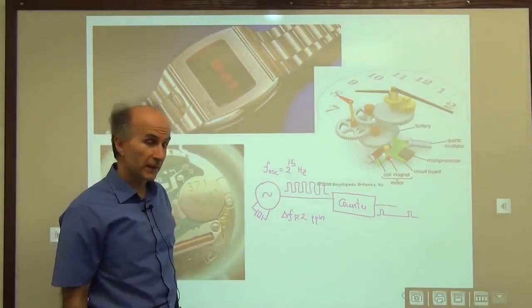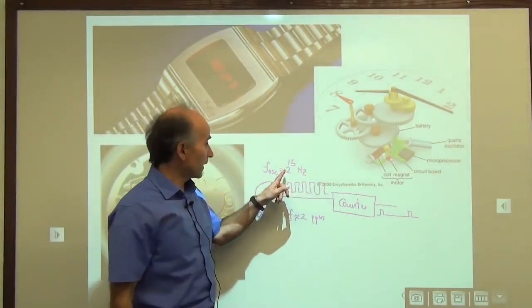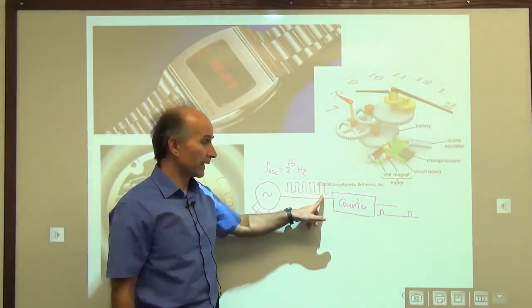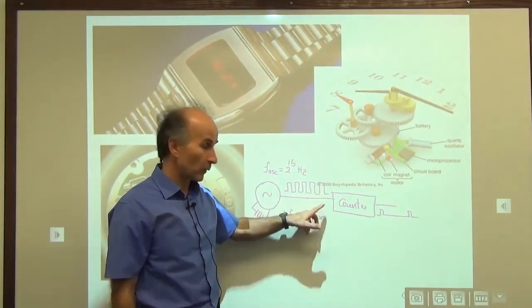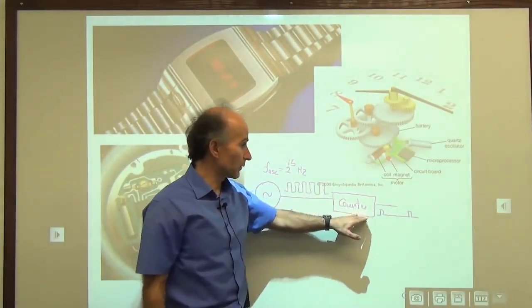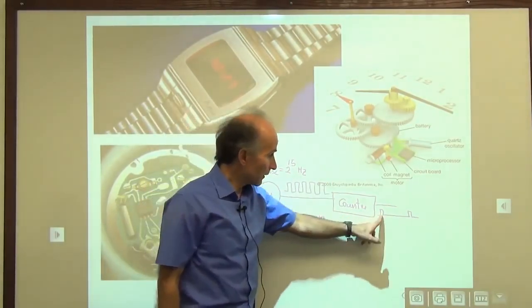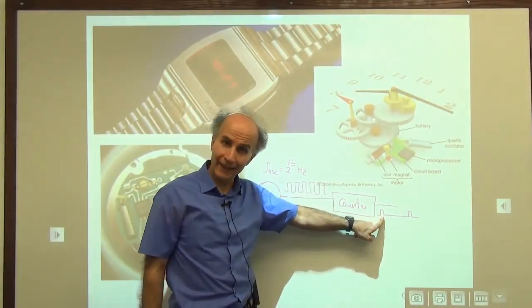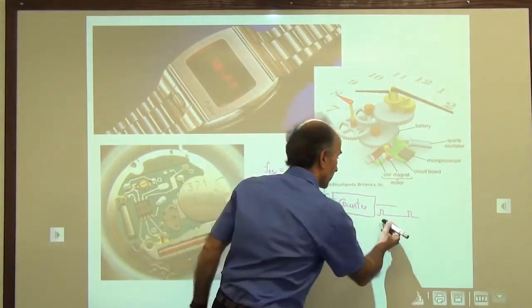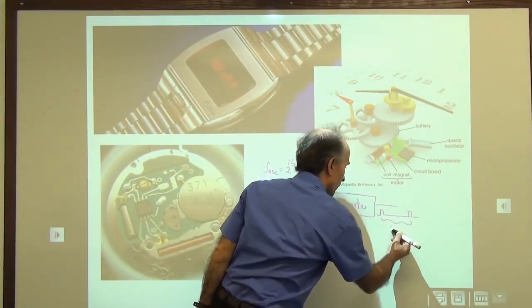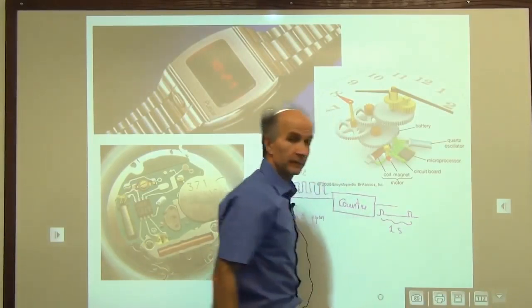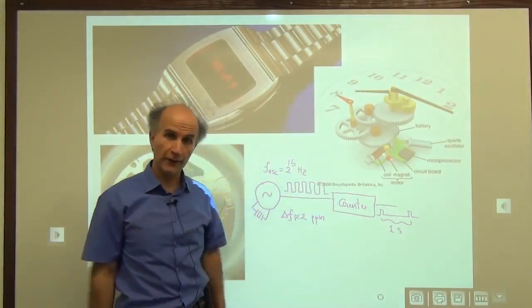So now what this means is that because we have 2 to the 15 pulses per second here, and this counter produces only 1 for every 2 to the 15, these pulses happen 1 per second. So from here to here, we have 1 second. So the frequency is 1 hertz.